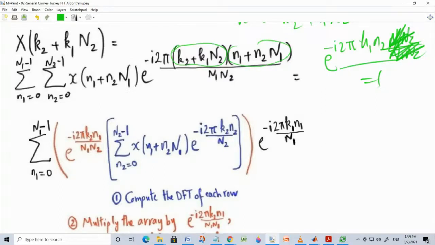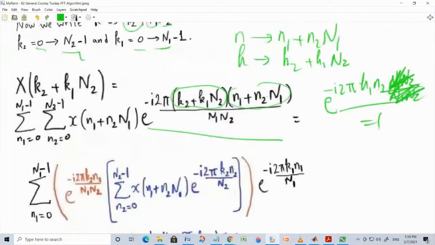Again, it's just a rewriting, but it is a smart rewriting that will allow us to carry out the DFT operation efficiently.